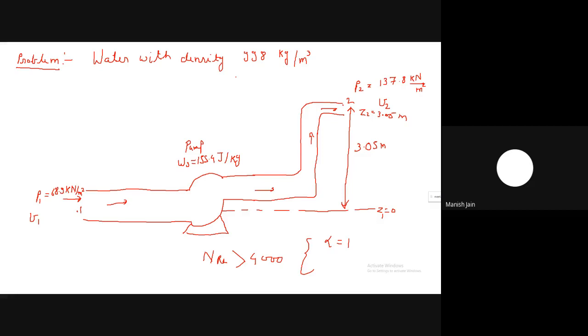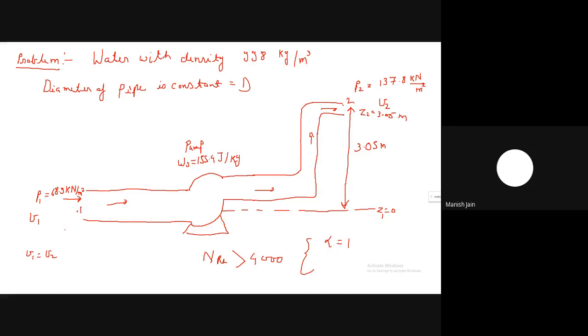The next point which is given is that the diameter of the pipe is constant, equal to D. So what will happen if the diameter of the pipe is constant throughout the system? That means the velocity at point 1 and point 2 will be equal. So V1 equal to V2.